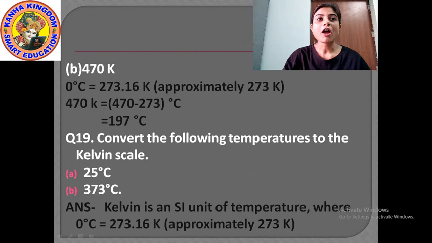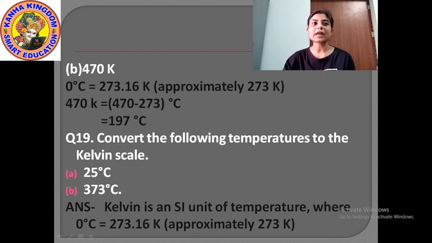And number B, 470 Kelvin. Okay, you have to change this 470 Kelvin into Celsius. So 0 degree Celsius is equal to 273 Kelvin. Okay, so 470 Kelvin is equal to 470 subtracted by 273 degrees Celsius.